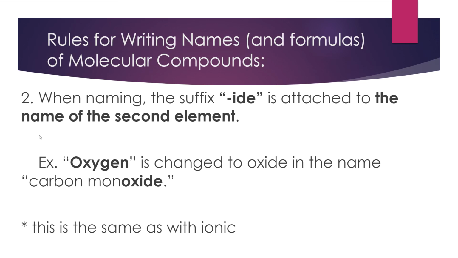Number two, when naming, the suffix -ide is attached to the name of the second element. This is the same as with ionic compounds, right? So this is similar. Oxygen is changed to oxide in the name carbon monoxide.